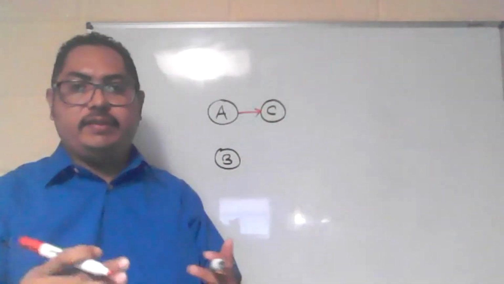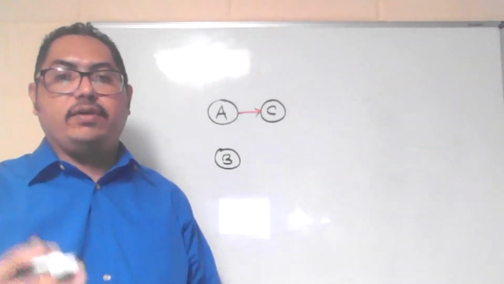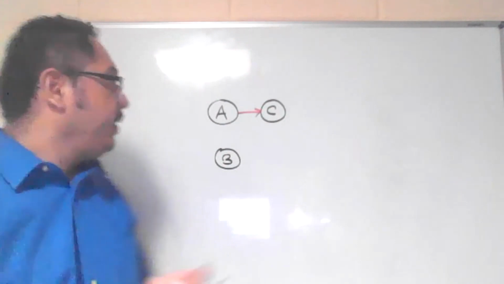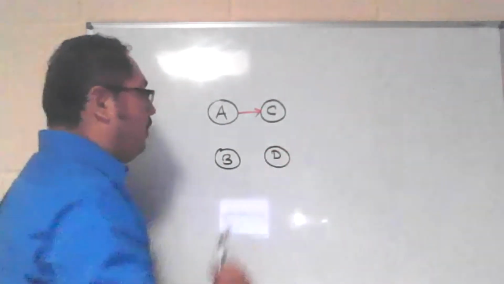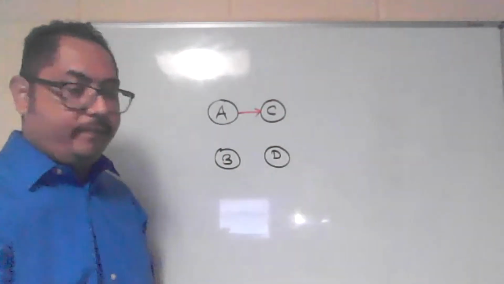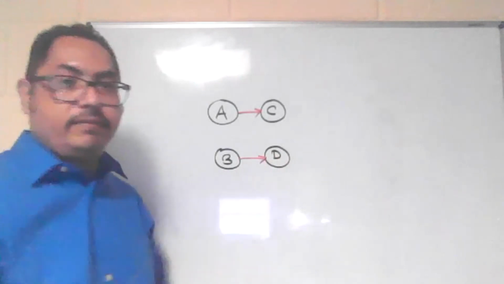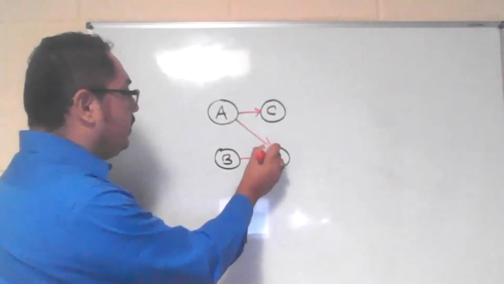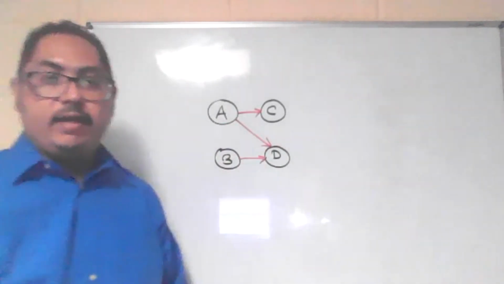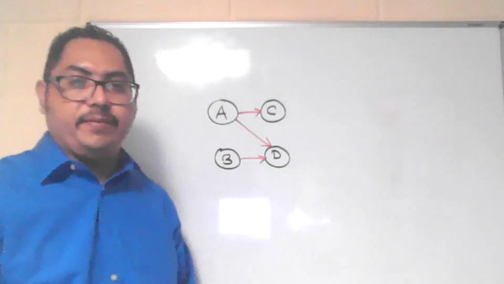Let's look at activity D. Activity D follows activities A and B. So we have activity D, and we draw the arrow from activity B to activity D, and from activity A to activity D. Again, we're drawing an activity on node network here.